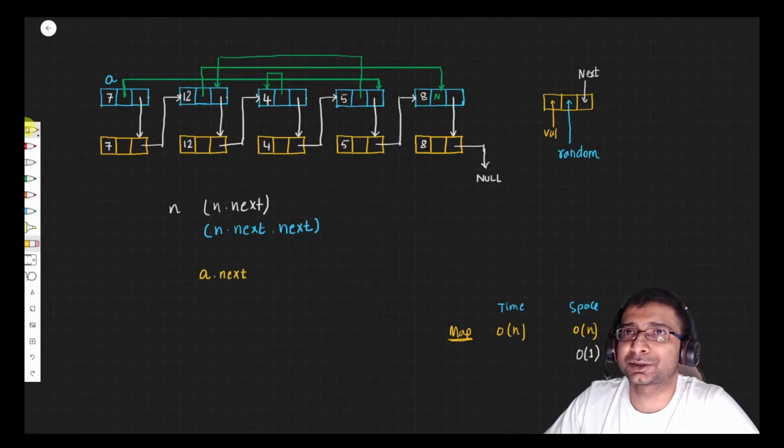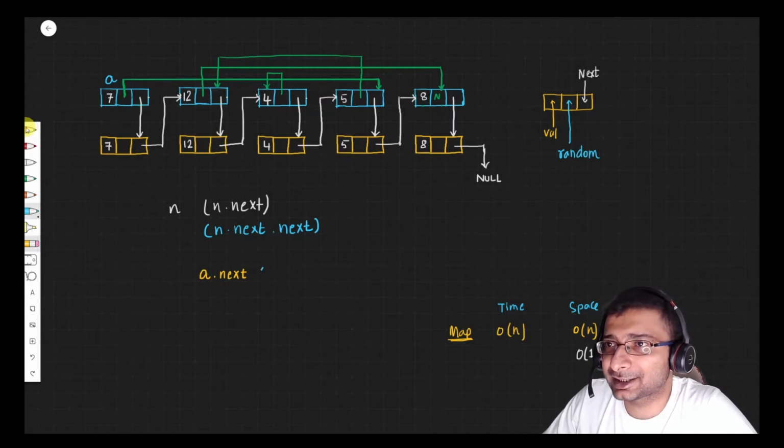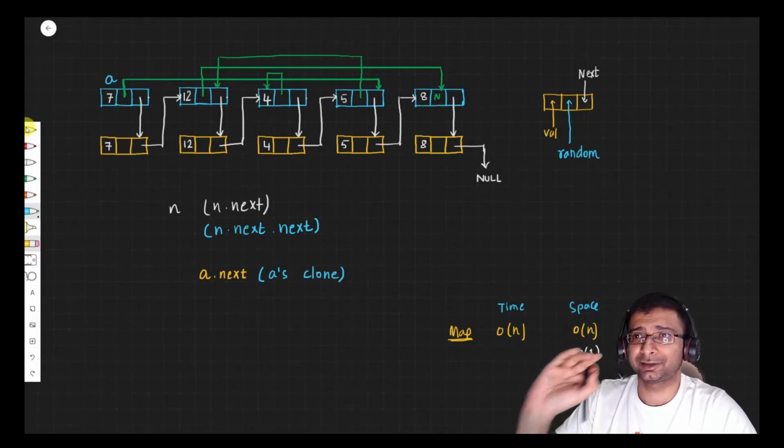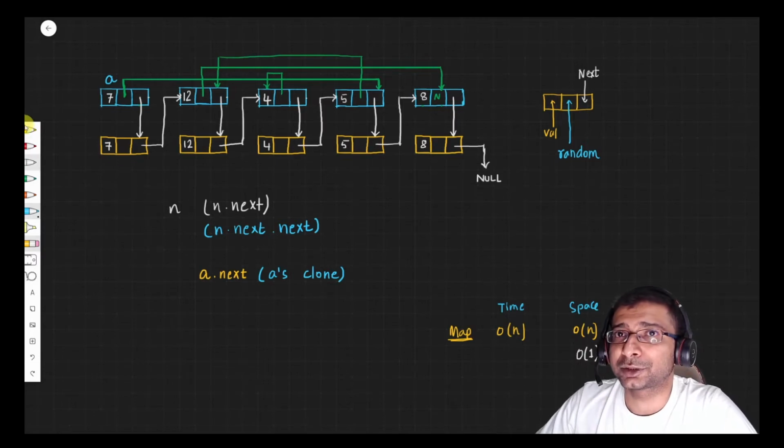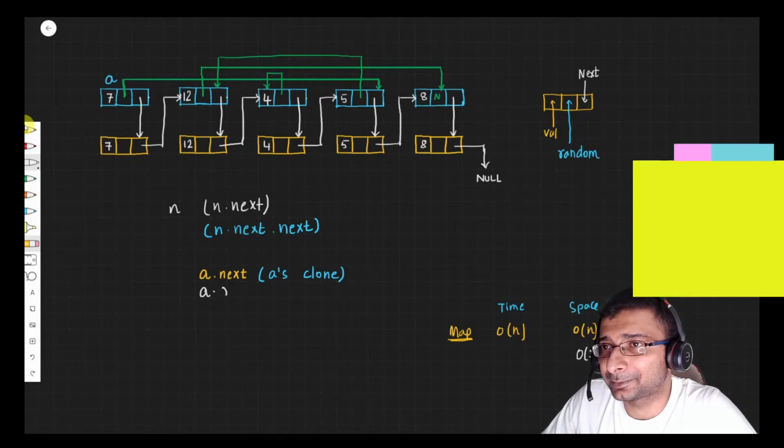A.next, so any node pointed by A over here. A.next is nothing but A's clone, right? We are dealing with the node A, keep that in mind. So next, what is going to happen? What is A.random?